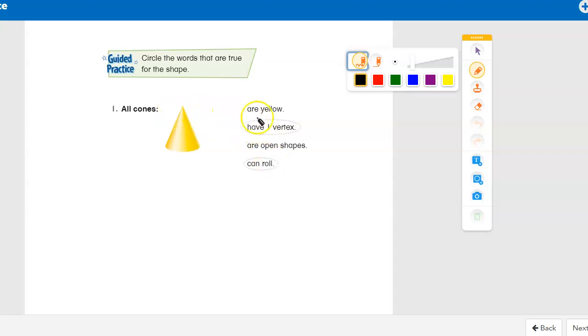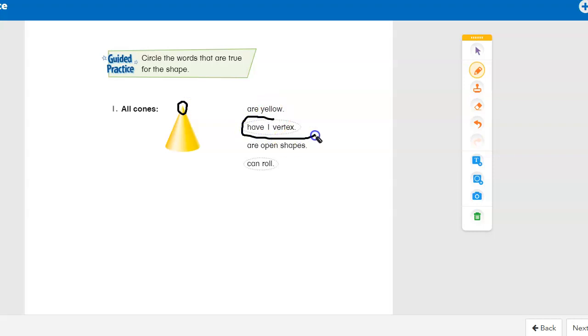So all cones are not yellow. This cone here is yellow, but that's what we were just talking about. Color does not define what a shape is, so we are not going to circle that. All cones have one vertex. This is true because this point up here represents our vertex, and all cones have that defining vertex at the top.